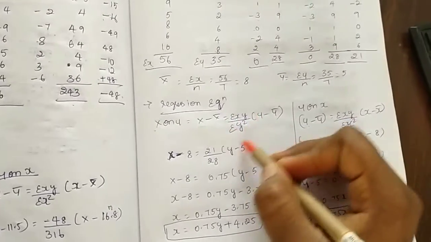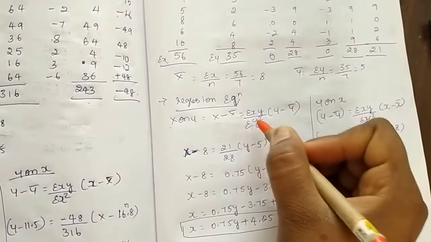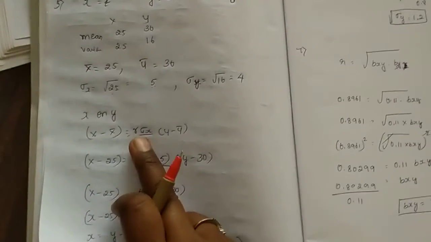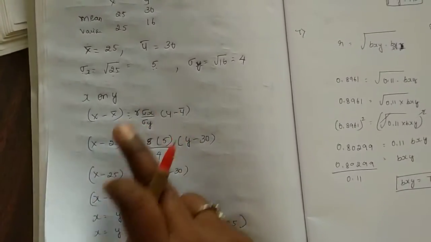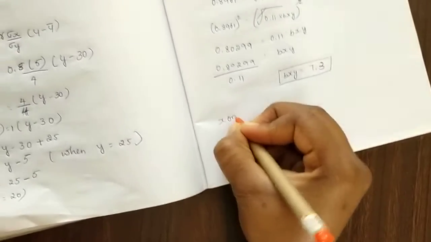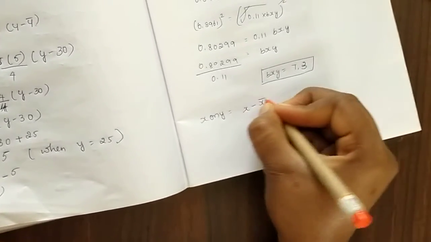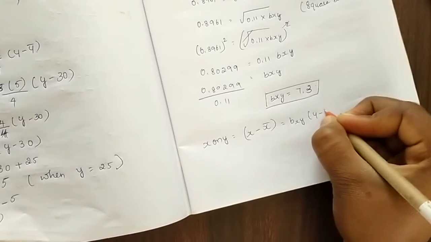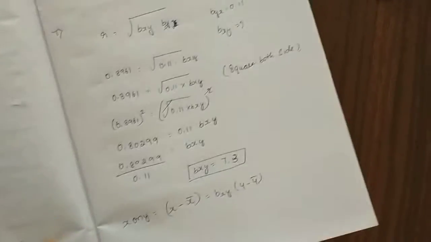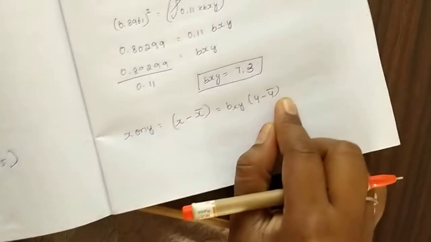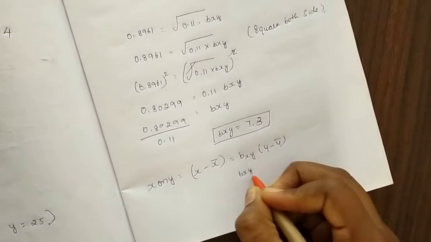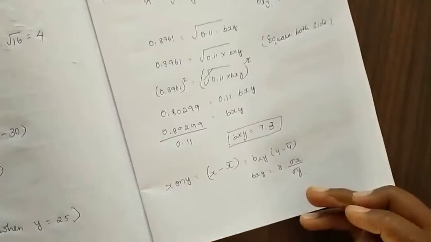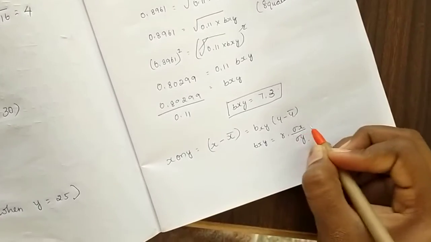Y on x will be a different formula. This can also be written as r times sigma x divided by sigma y, so x minus x bar is equal to bxy into y minus y bar, where bxy is r into standard deviation of x divided by standard deviation of y.